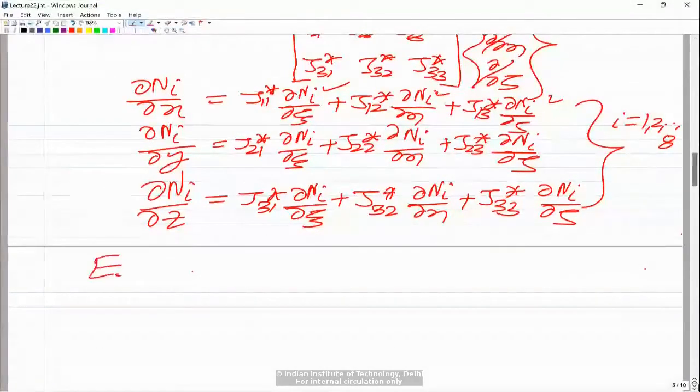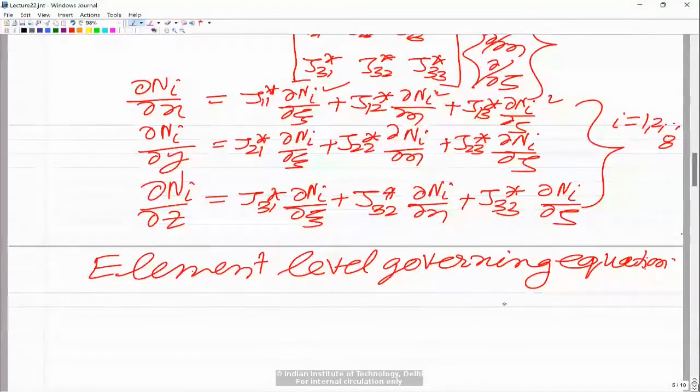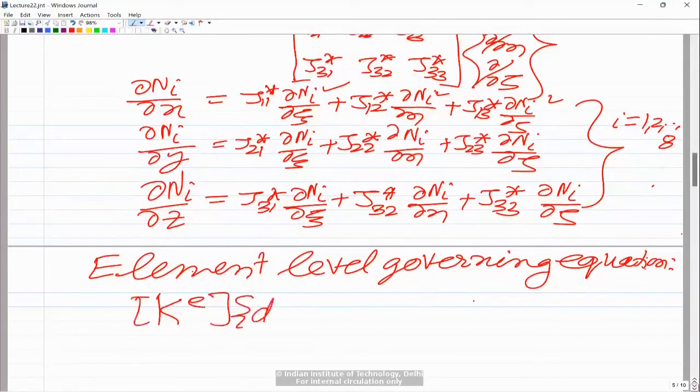So the element level governing equation is going to be of the same form, that is, element level stiffness matrix Ke into De is equal to F external, which is due to the body forces, and F internal, which is due to forces on the boundary of the element.